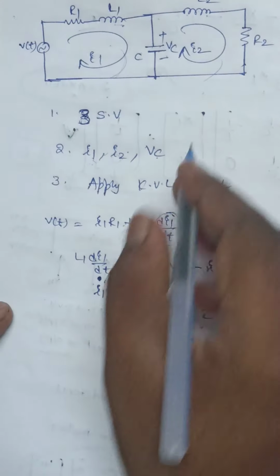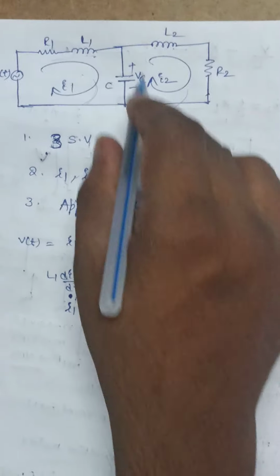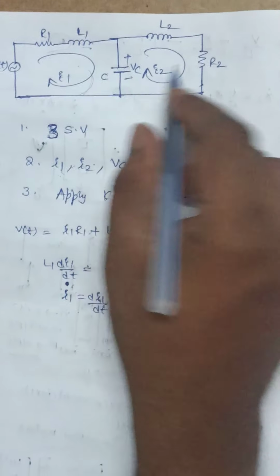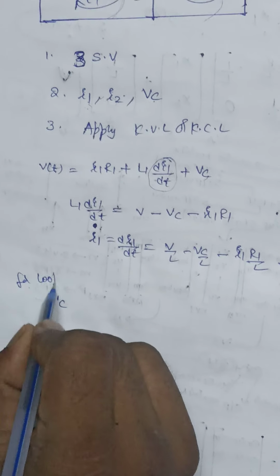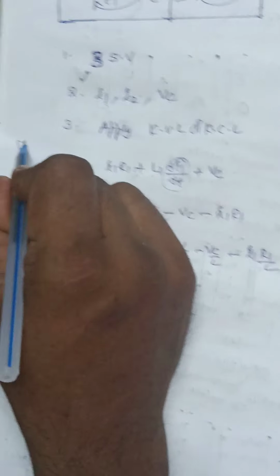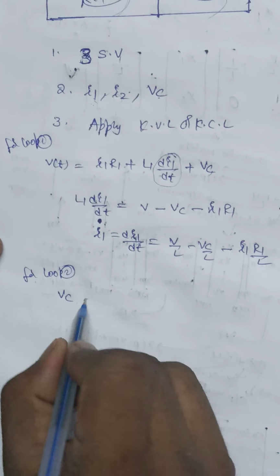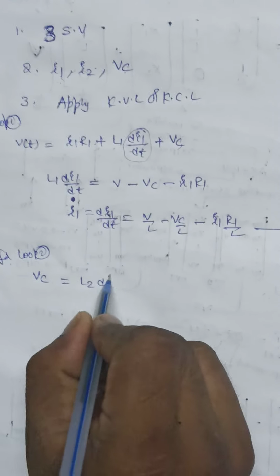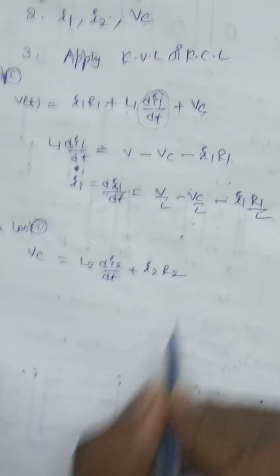Next, to get the equation for I2, you write down the KVL for this loop here. So the KVL for loop 2 gives Vc is equal to L2 into di2 by dt plus I2 R2.